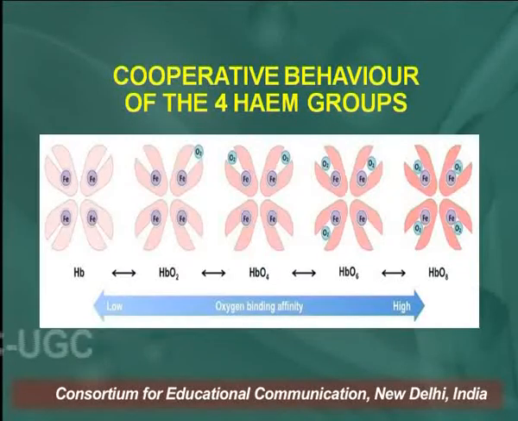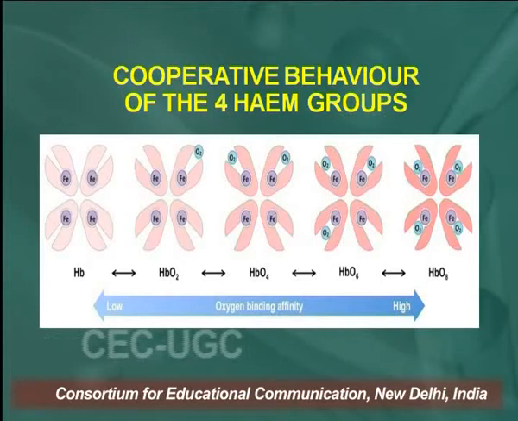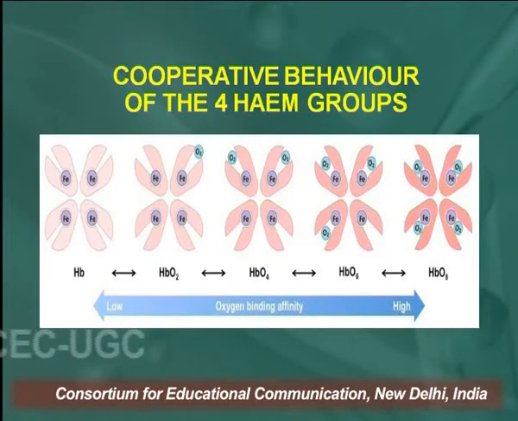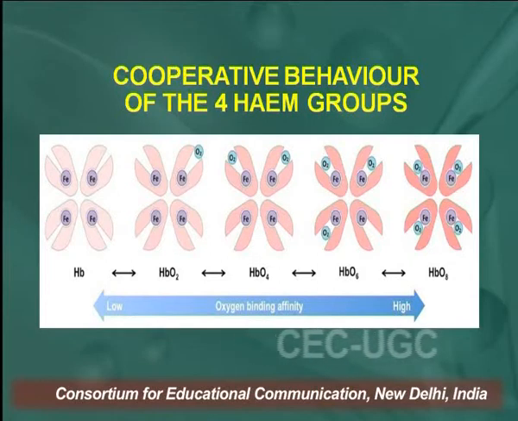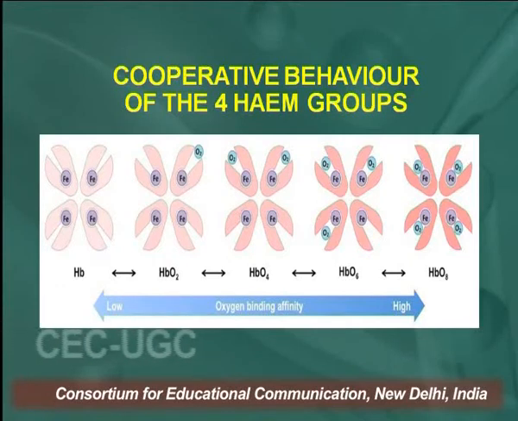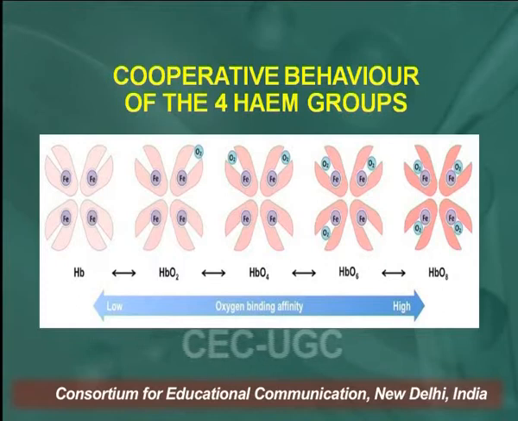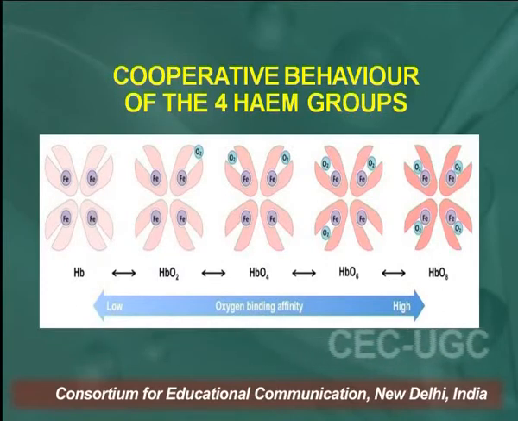As in the diagram, we can see the next explanation of the cooperative behavior of the four heme groups. We have already discussed that hemoglobin exists as a tetramer. As we can see in this diagram, there are four ferrous ions.